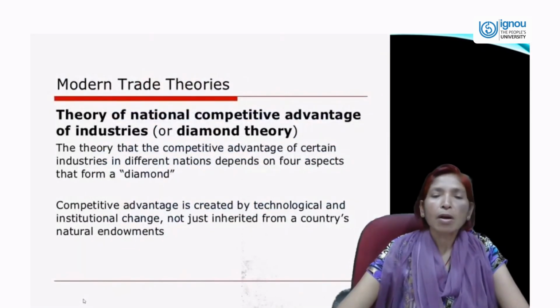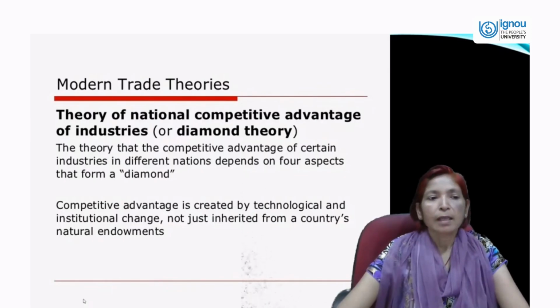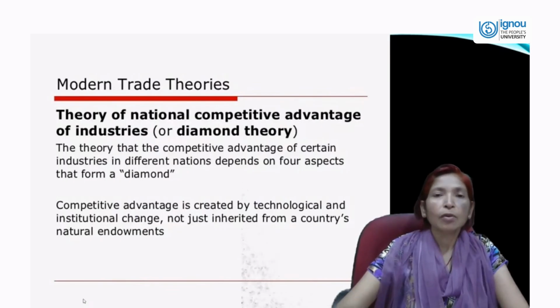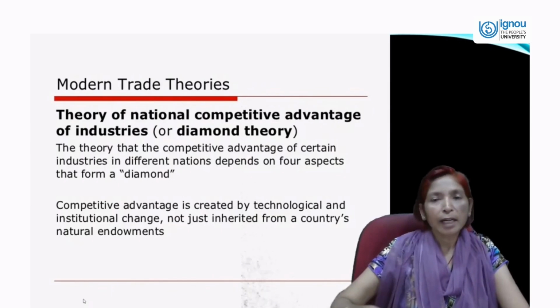Now, next is modern trade theory. This theory of international competitive advantage of industries is also known as diamond theory, the theory that the competitive advantage of certain industries in different nations depends on four aspects that form a diamond. Competitive advantage is created by technological and institutional changes, not just inherited from a country's natural endowment.